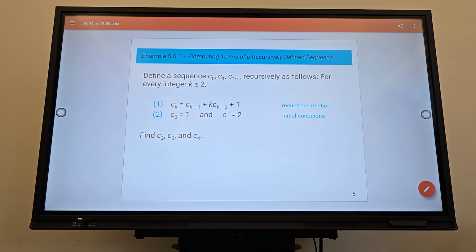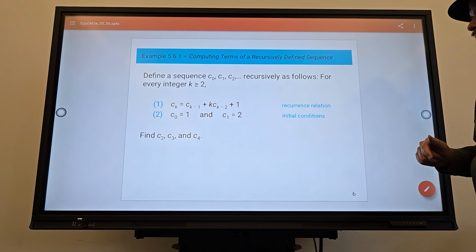And you'd use a similar system for determining c3 and c4 as well.